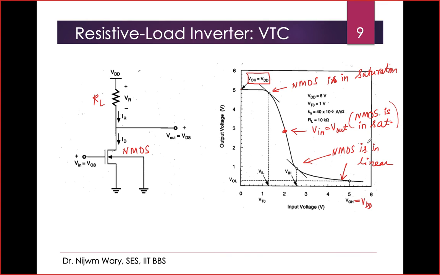Again, using a similar kind of analysis, trying to equate this current and the NMOS current, we can very easily find out VTH, because V in and V out are already like that. So at this point we have VTH like that.